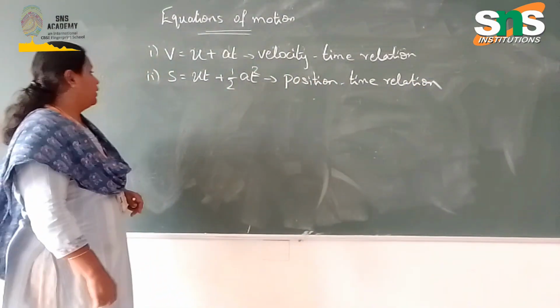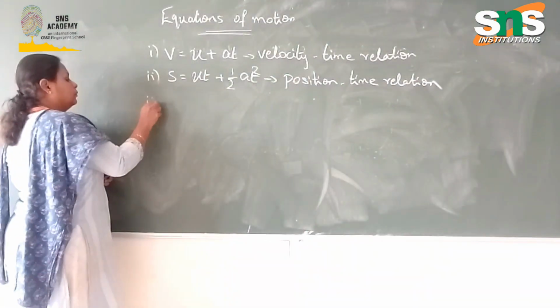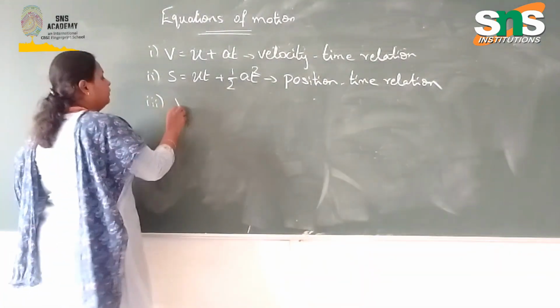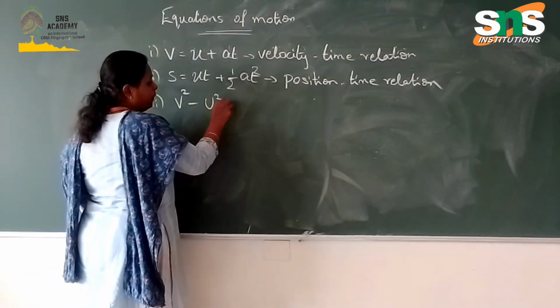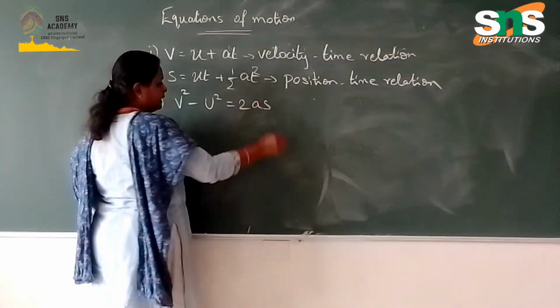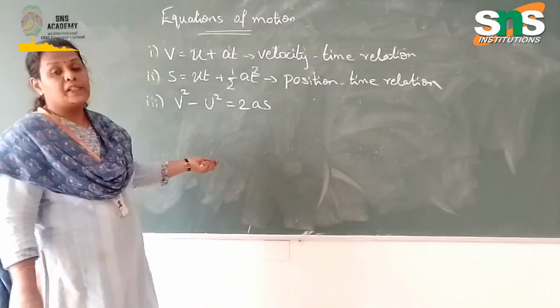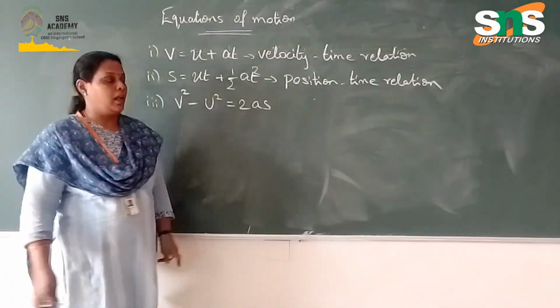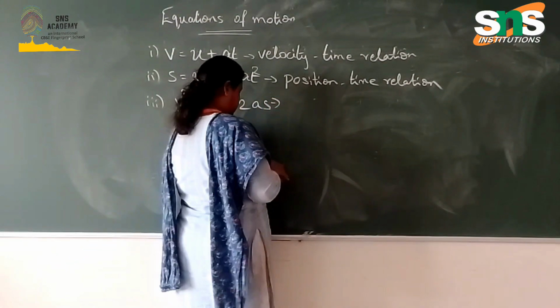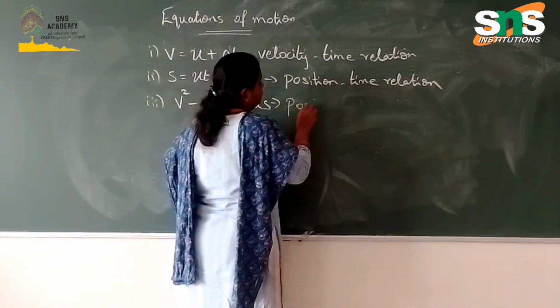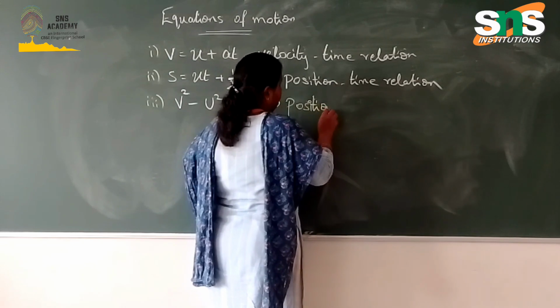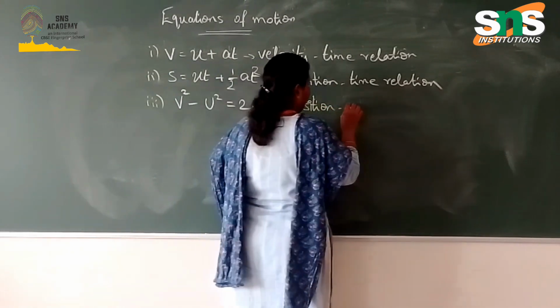And the third equation is v² − u² = 2as, which gives the relationship between position and velocity of an object.